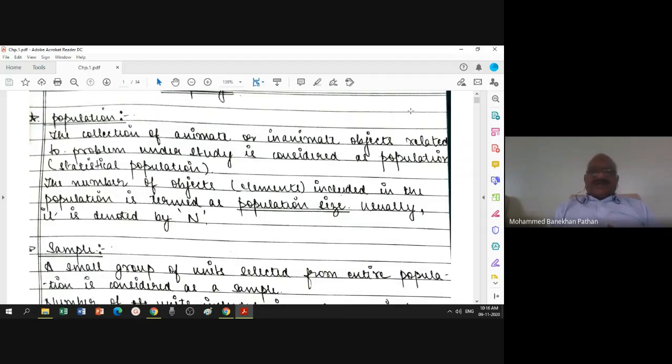That is why statistical population is a collection of living as well as non-living objects, which covers the concept of sociology also, because animate means living. So you can study human beings, animals, birds, etc. Inanimate, you can study all the production processes, everything which is non-living is also studied by statistics.